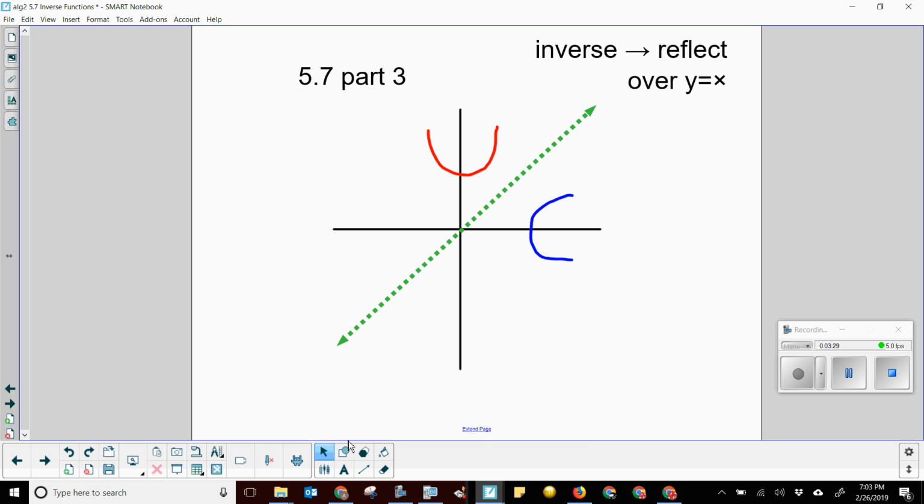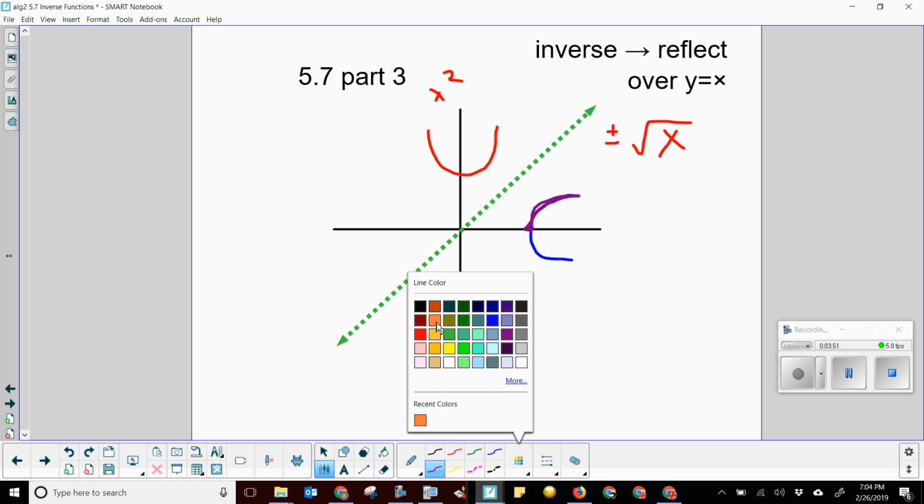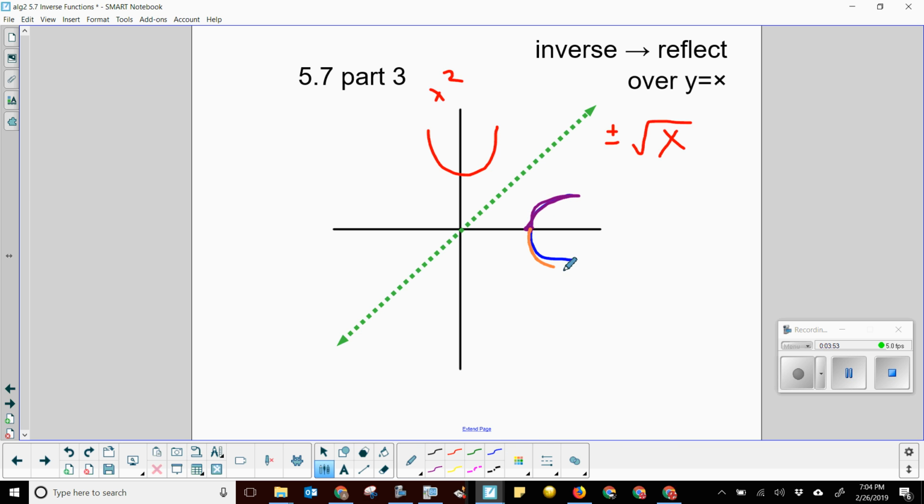Well, when we go from x squared to the inverse, we would get square root of x, but this is why we do plus or minus. Because we don't have a plus or minus button in the calculator, really what's happening is we have the plus version of square root x, and we have the minus version of square root x at the same time.